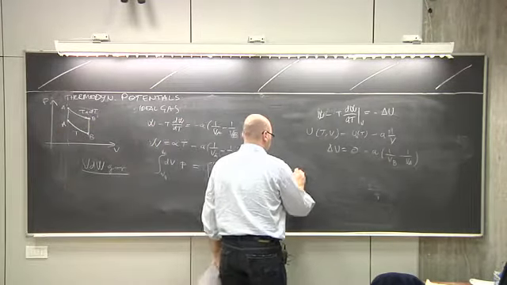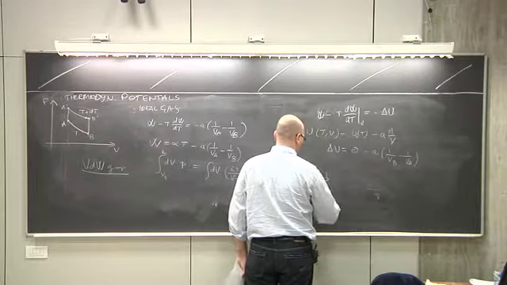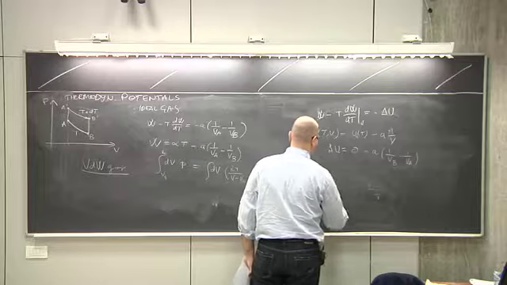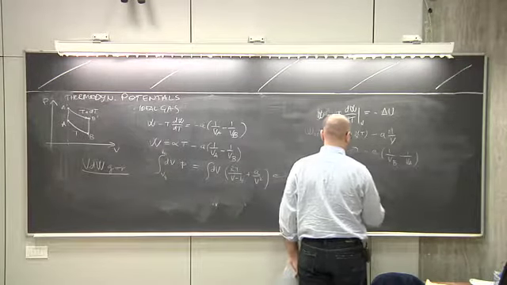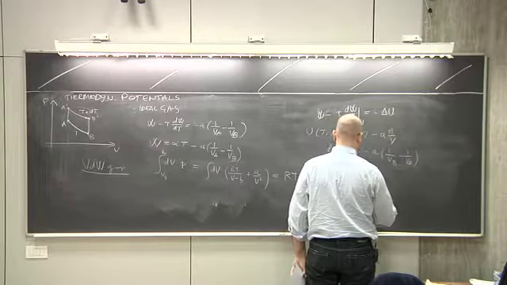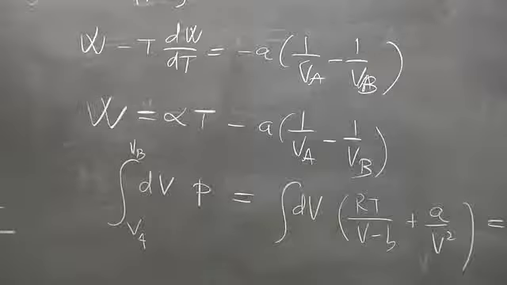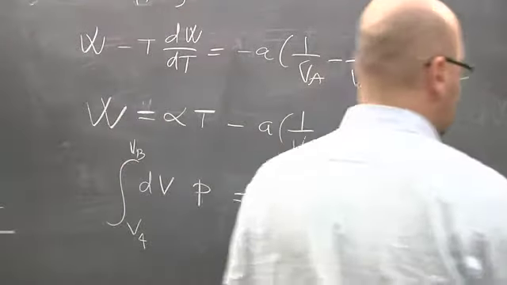So we get RT log of (VB minus B) divided by (VA minus B), and then we have minus A, 1 divided by VA. So now the constant alpha.